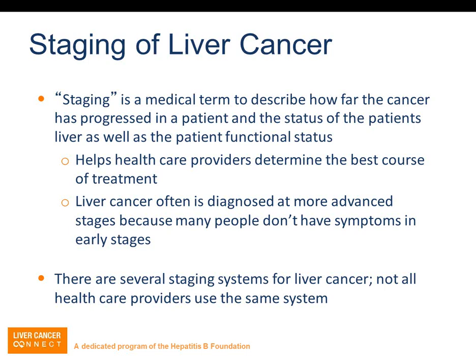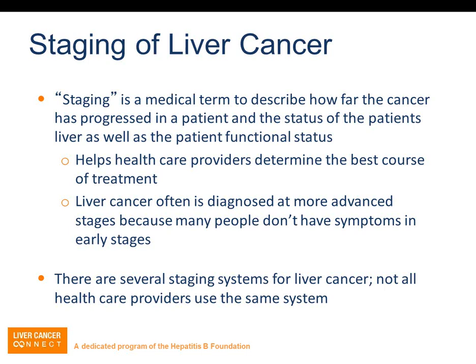We want to stage that patient in terms of how functional they are. Can they take care of themselves? How many symptoms do they have? What's their nutritional status? All of this overlaps into a multi-layered assessment to stage the cancer, but more importantly, stage that patient and their liver cancer and how they're interacting.